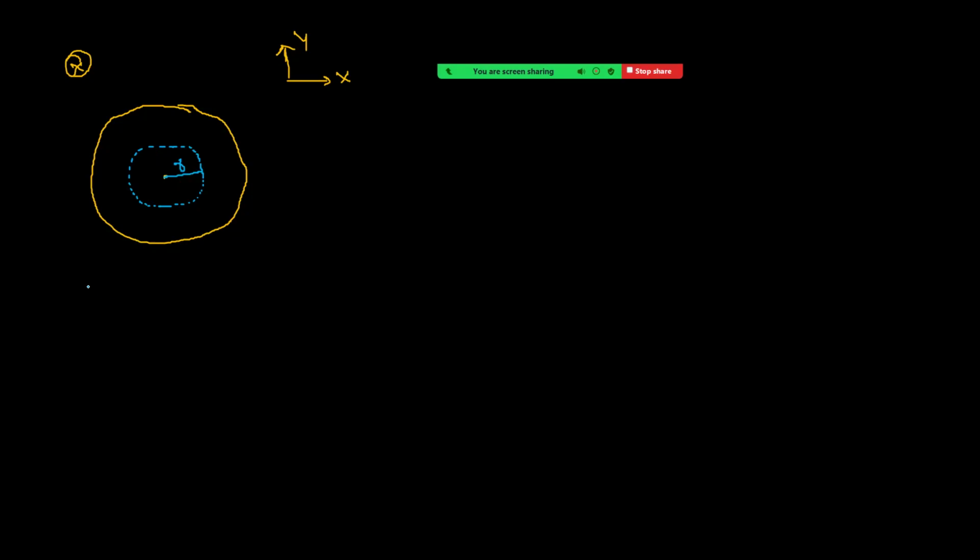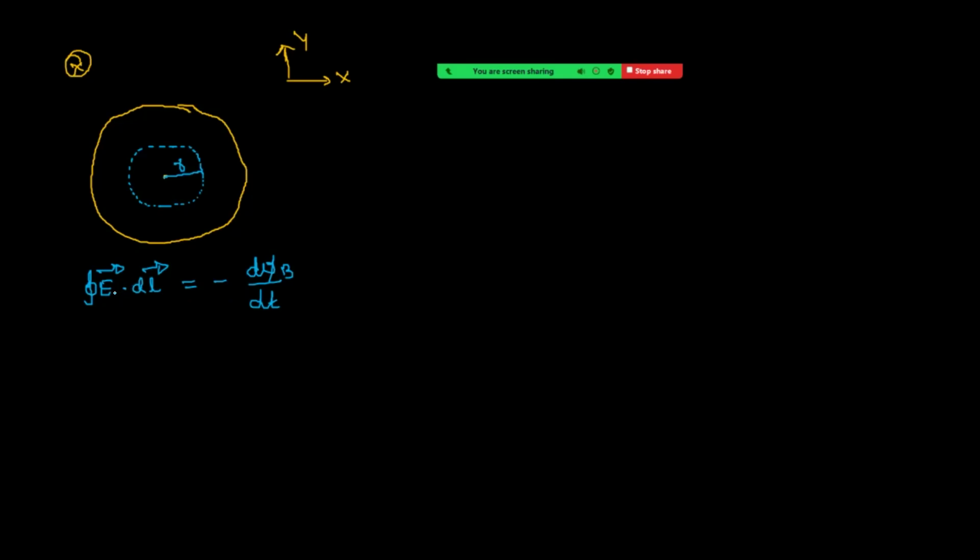Now we want to use closed integral E bar dot dl bar equal to minus d phi by dt, using Faraday's law in this case to find the strength of E bar.